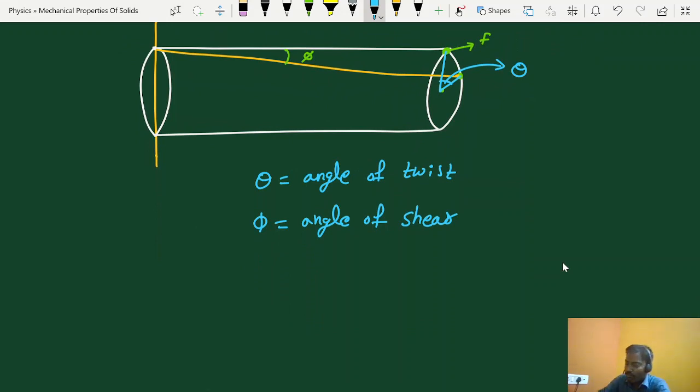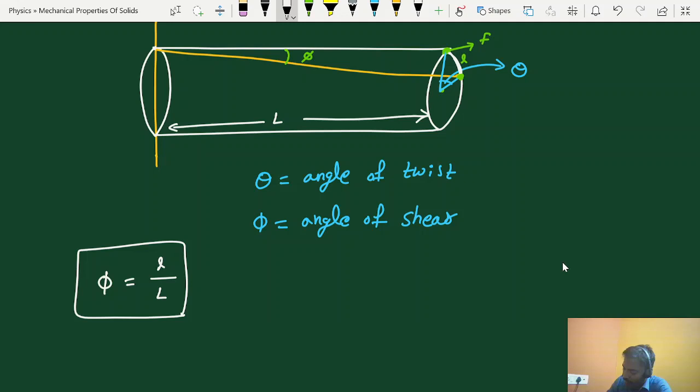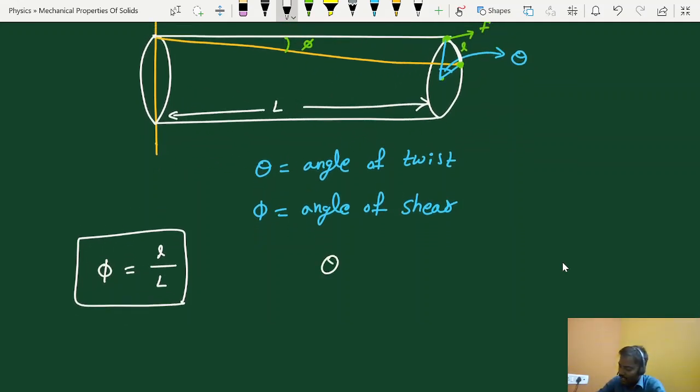So when you calculate phi, you know that angle is equal to arc length. Either you can take this side, this part, this is the arc length, the length between these two green dots, divided by the length of the cylindrical rod, L. Now, how can you write theta?